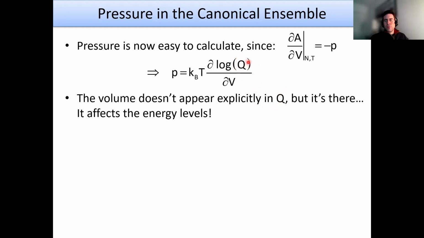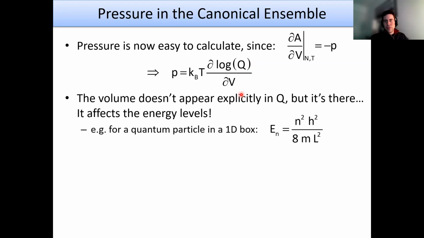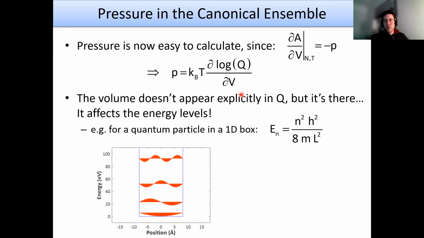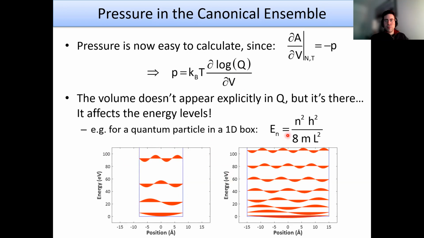So the point is that if I was to write the arguments here, it would appear. But the point I wanted to make is that it affects the energy levels. And this is similar to what we were discussing before, right? Remember this quantum particle in the box. So indeed, this derivative is going to give us a non-zero value because this is indeed a function of volume.